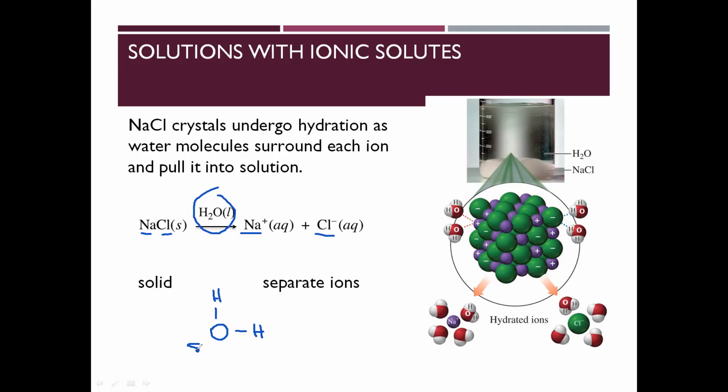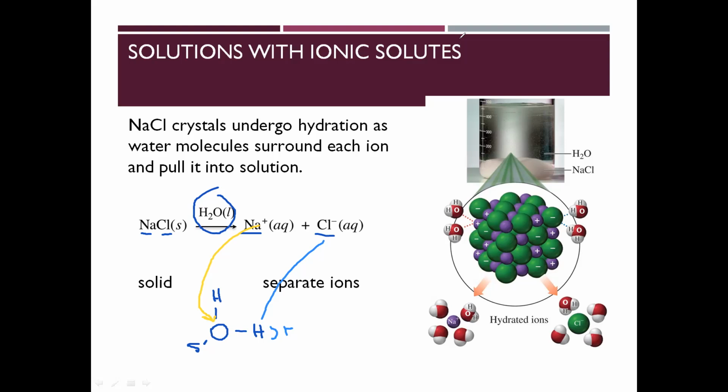Water has this partially negative charge on the oxygen that gets it attracted to the sodium. On the flip side, hydrogens have a partially positive charge, and that's what allows them to be attracted to the chloride ions. Because of that, we're able to actually start ionizing the salt crystal.